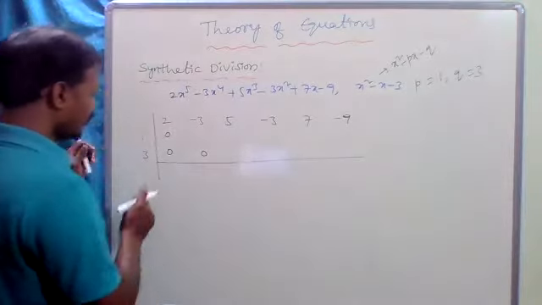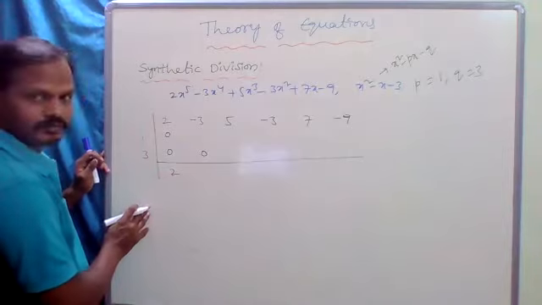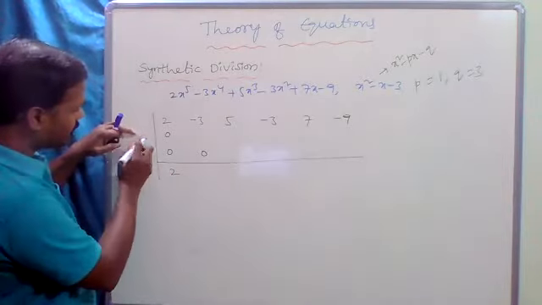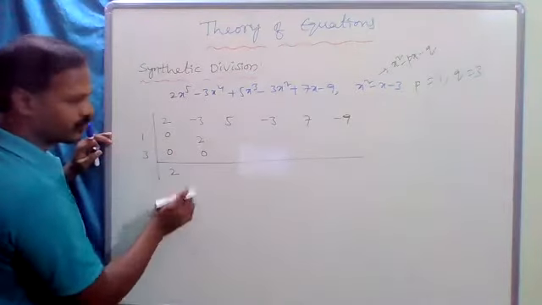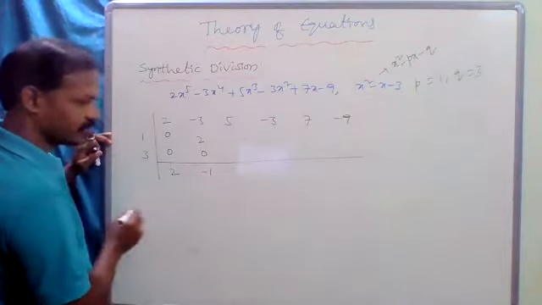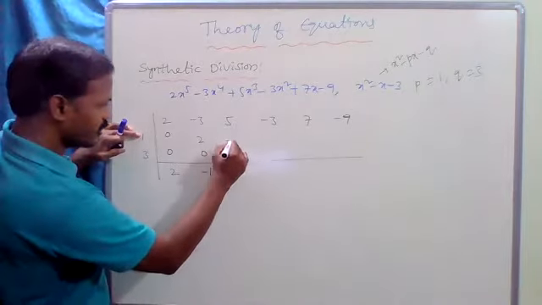Now make the addition, what will you get? 2. Now what do you have to do? Multiply this 1 and 2: 1 into 2 is 2. This is minus 1. Now multiply these two: 1 into minus 1, minus 1 here.